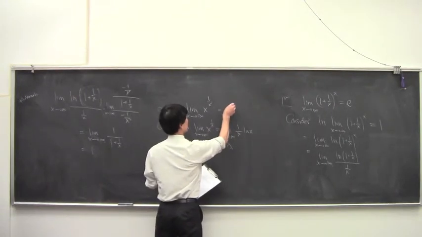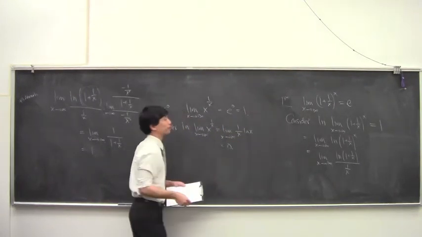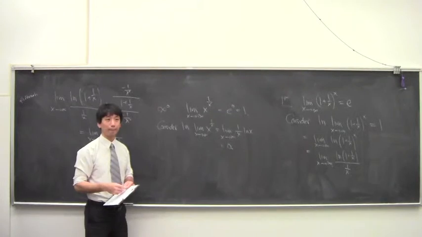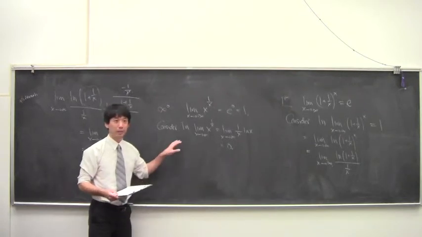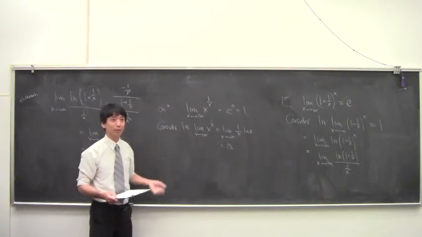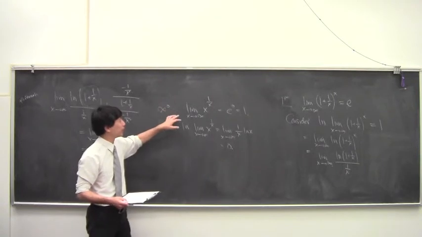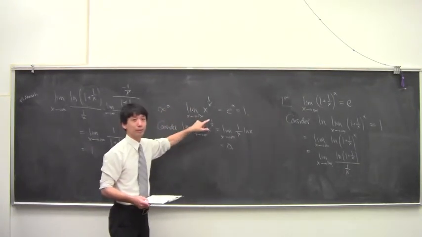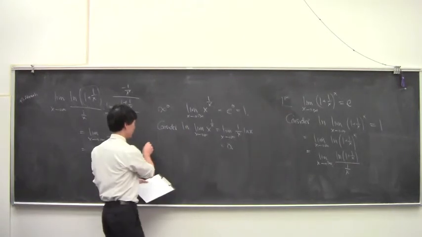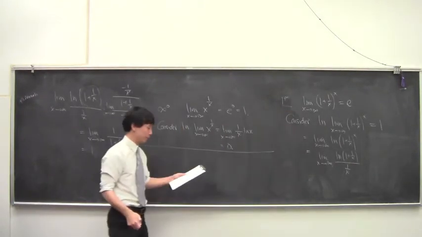This is going to be e to the 0, namely 1. Everyone all right with that? It's no different from the previous ones, basically. The only thing that's different is that it's a different indeterminate form. It's infinity to the 0. But one approaches it in exactly the same way.